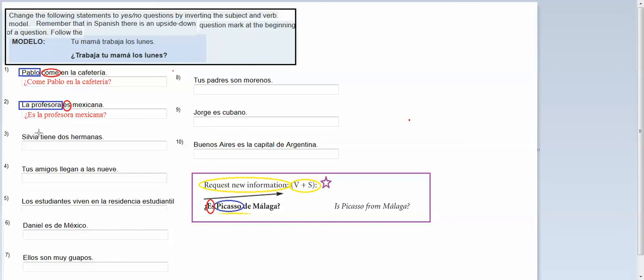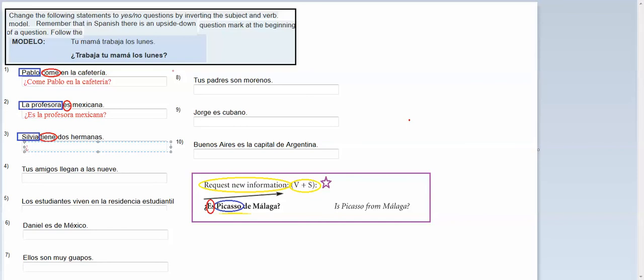So if I go down here, Silvia tiene dos hermanas. Okay, my verb is tiene. My subject is Silvia. So if I want to turn this into a question that requests new information, I'm going to start with my upside down question mark.